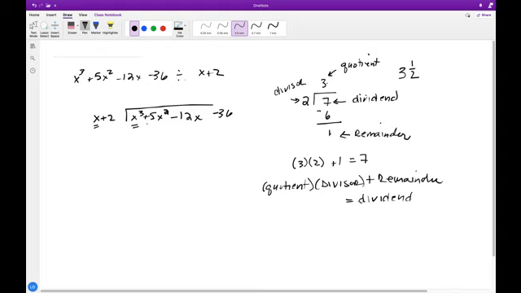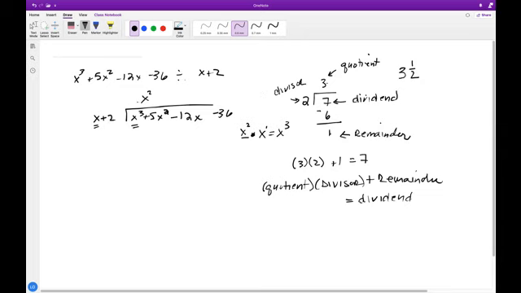Another way to think about that is what times x is equal to x cubed. And that would be x squared, because remember, I add exponents when I multiply like bases. So this would be x squared.